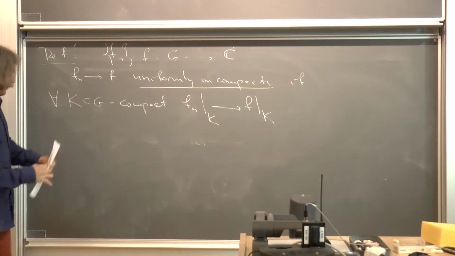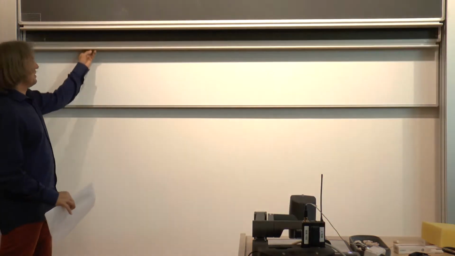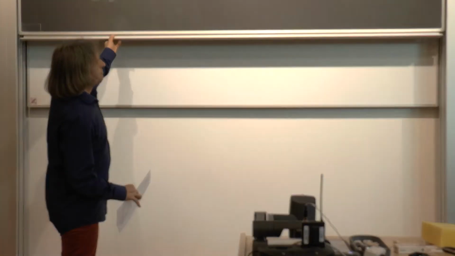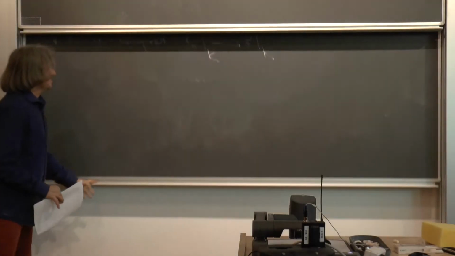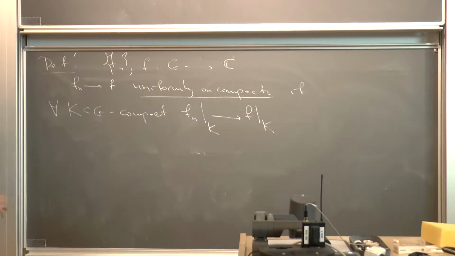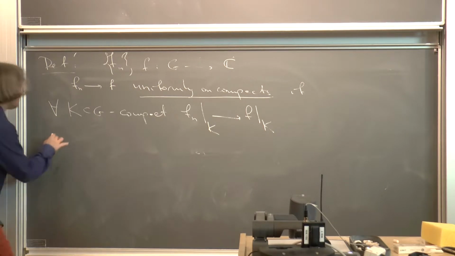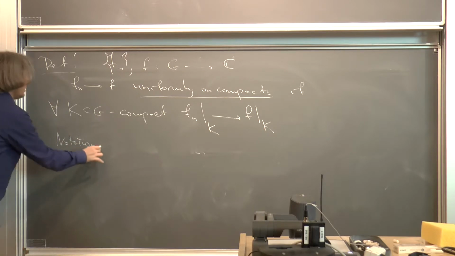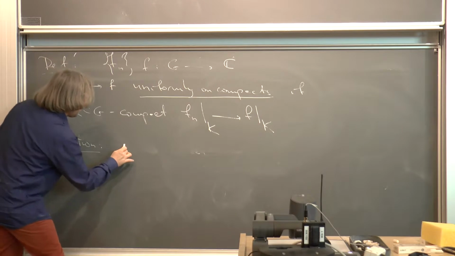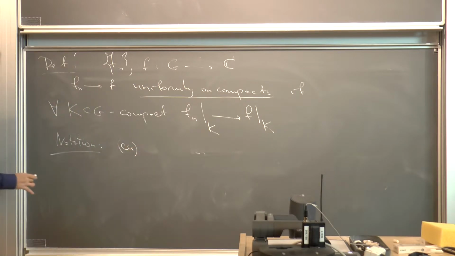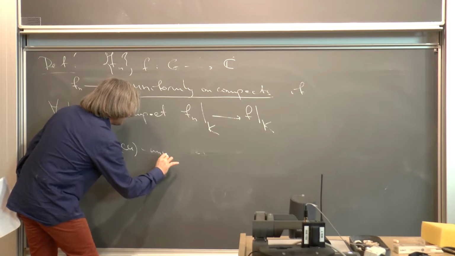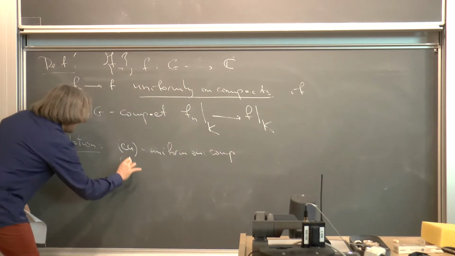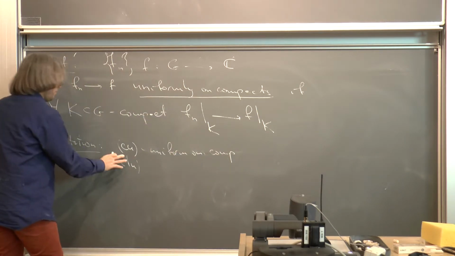So before we continue, let's prove that these two notions are equivalent. So maybe let me introduce short notation. This thing is called uniform on compacts. And this thing is locally uniform.